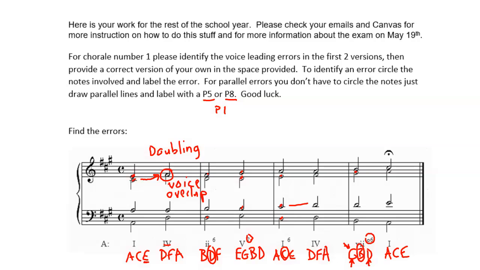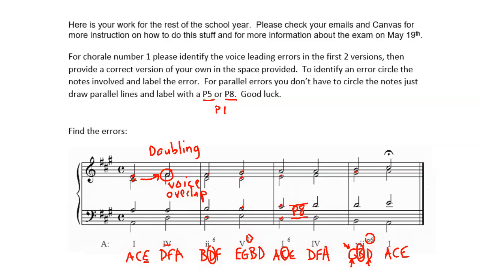So they're both stepping up. I've got an octave going to an octave. That's called parallel octaves, and that is not acceptable. So I'm going to just mark it like that with two lines with a P8 in between them. And that shows that I've got parallel octaves there.